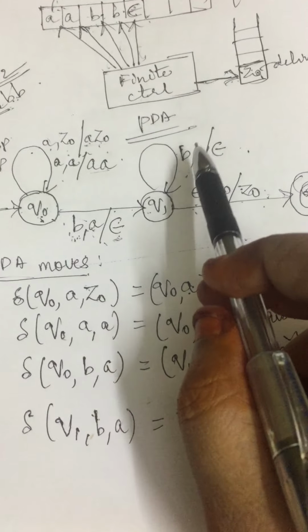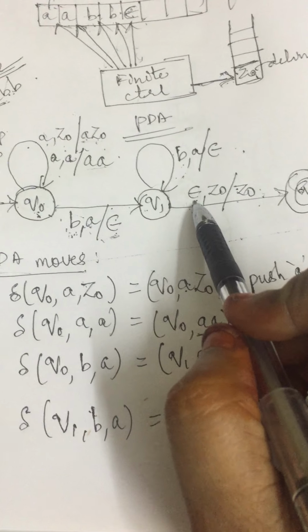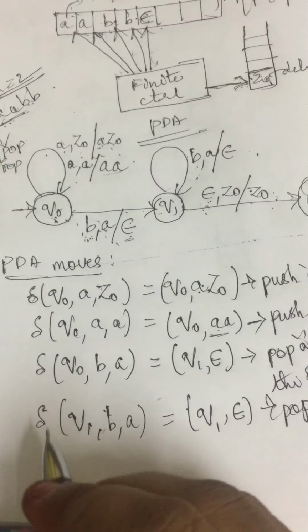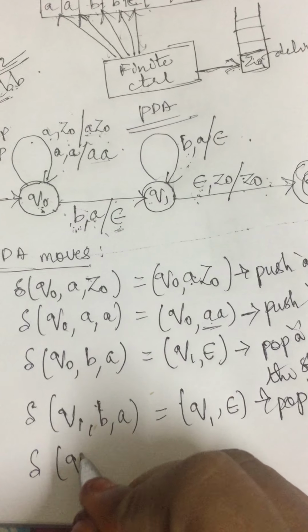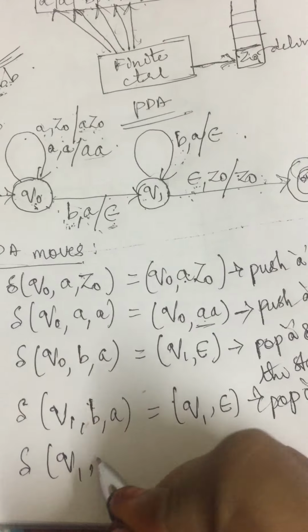So from the input alphabet B, the alphabet is now epsilon. We need to represent the change in state also. So from the state Q1, by reading the input symbol epsilon, the top of the stack will now be Z0, so from Q1 we are moving to the state Q2. It is the final state Q2.